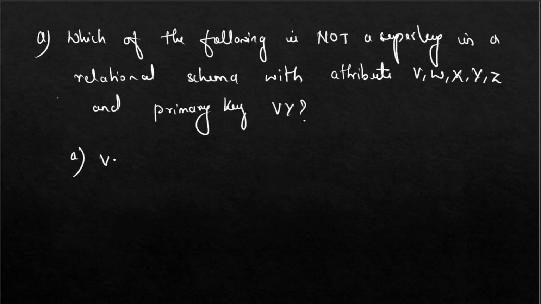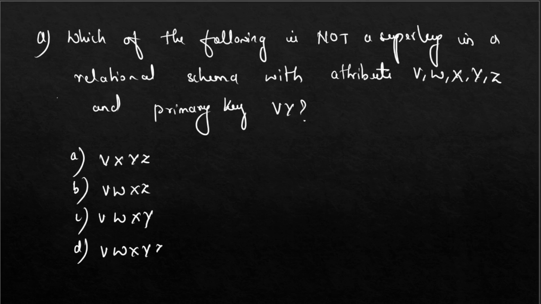A is VXYZ, B is VWXZ, C is VWXY, D is VWXYZ. Answer this, everyone, which is correct.